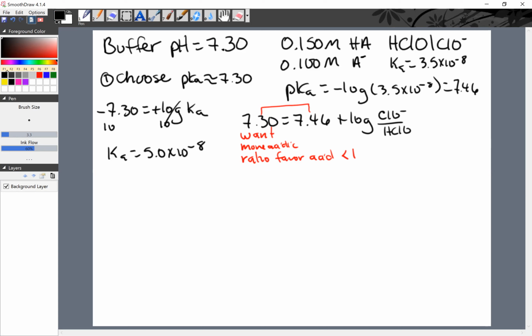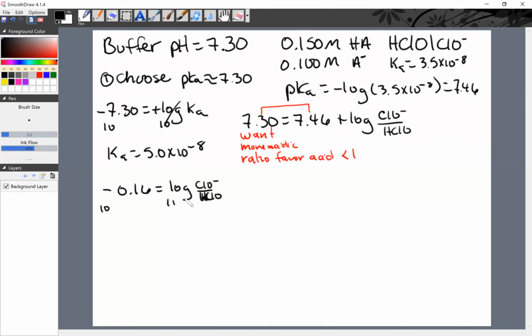All right, so 7.3 minus 7.46, and I have a negative 0.16. That is equal to the log of the base piece, that's supposed to be an HClO, over the acid piece.